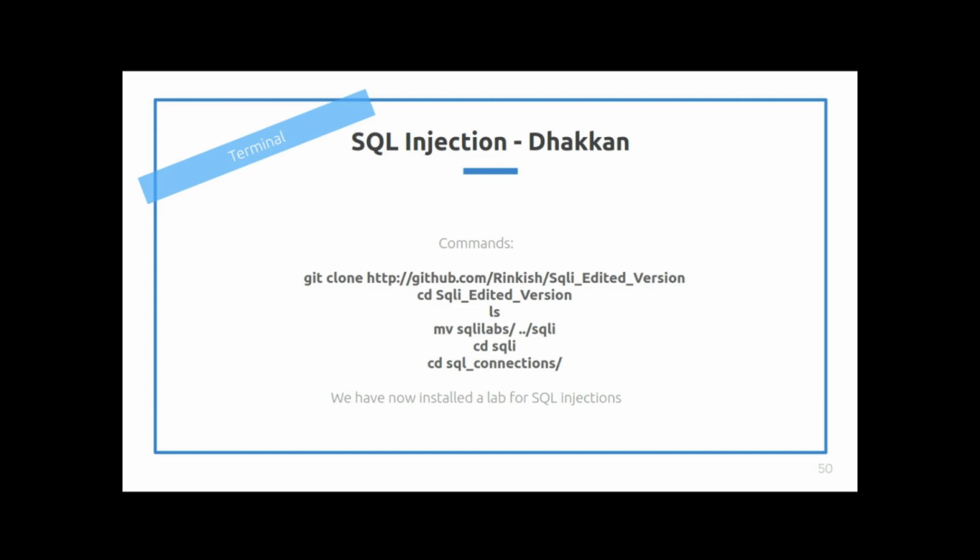You want to move one of the folders that's created into a folder called SQLi, and then you go into that, and then you go into SQL connections, and then you edit that file after that, and you have a lab for SQL connections, and it gives you tips and hints on how to do that. So let's look into this.